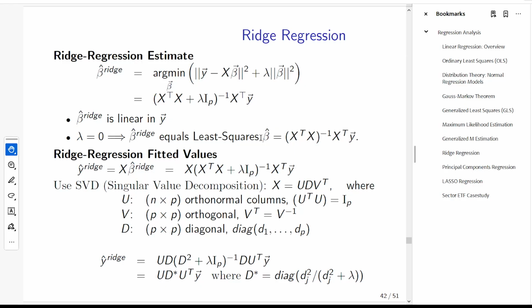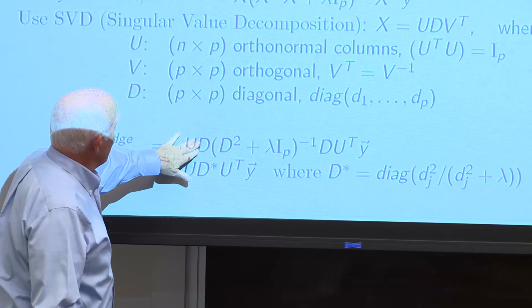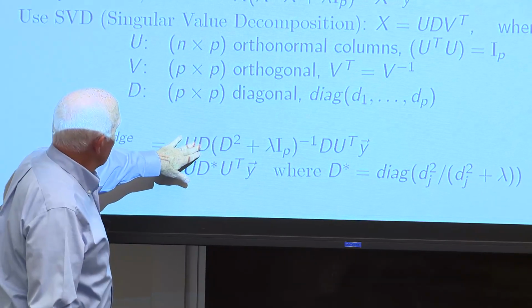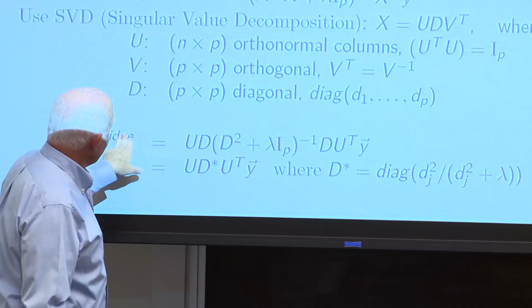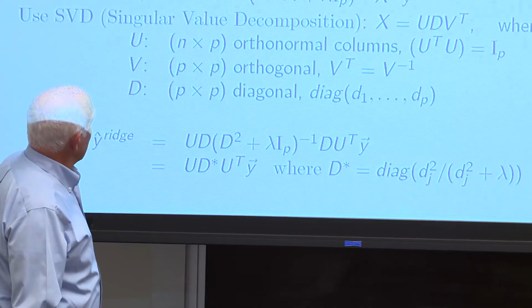And with ridge regression, we can look at the singular value decomposition of our independent variables that have been centered and standardized. When we do that, we basically have this final formula for the ridge regression.